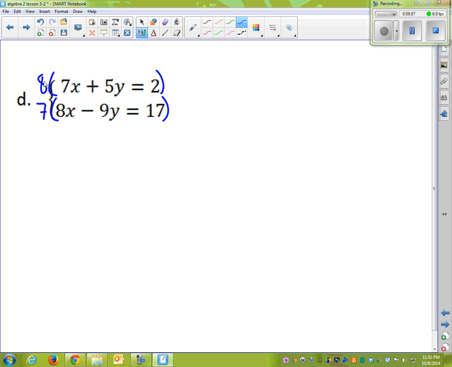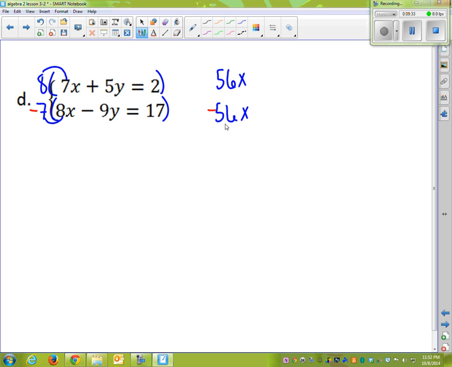What that does for the x's, it gives me 56 for both of them. But in order for those to cancel out, one is positive and one needs to be negative. So I'm going to multiply this by negative 7, making it negative 56.